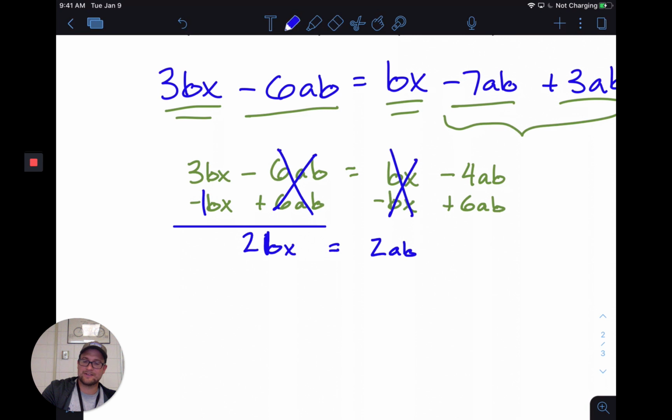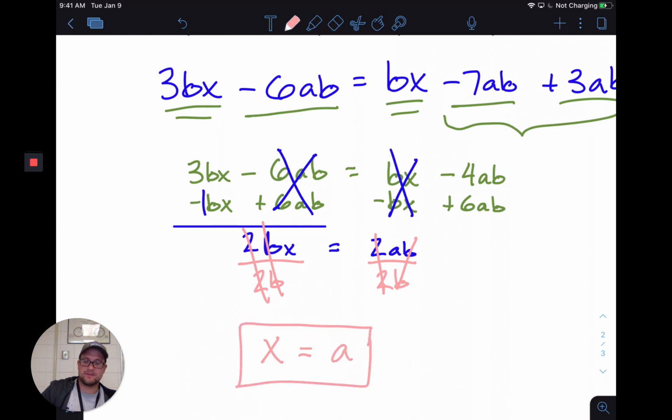If I want to get x all by itself, I need to get rid of this 2b that's in front of it. So I'm going to divide off 2b since they're all being multiplied together. These two pieces cancel each other off, so I'm just left with x. And on the other side, the 2 and the b actually cancel each other off as well. And I'm just left with a.